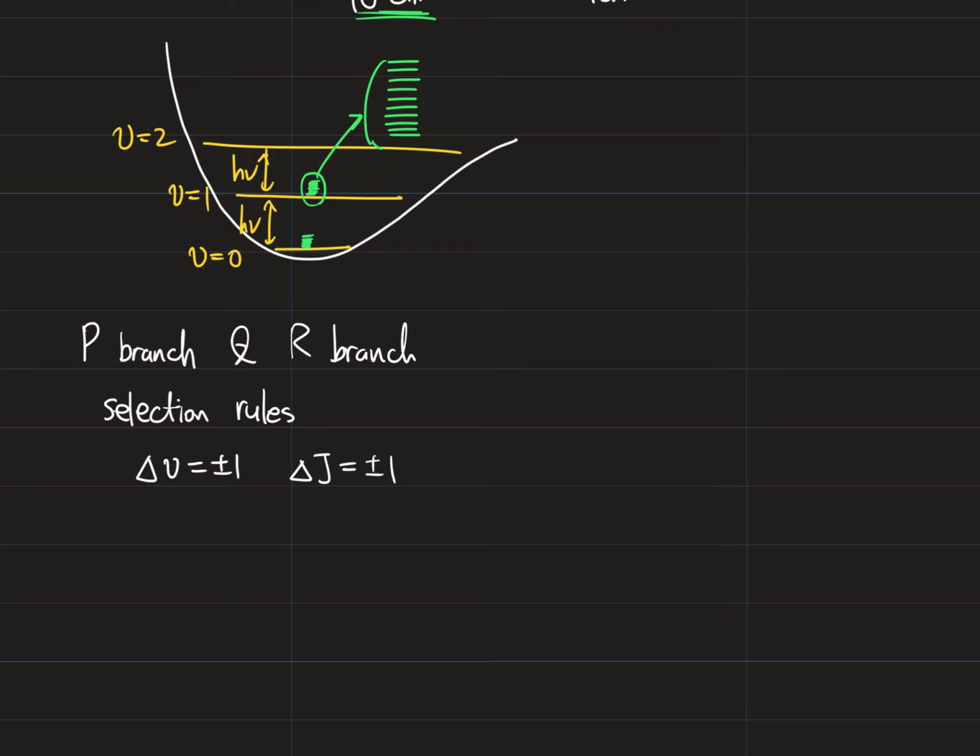Okay, so let's just calculate the observed frequency for delta J equal to plus 1. This is the summation of the vibration and the rotation energy level.